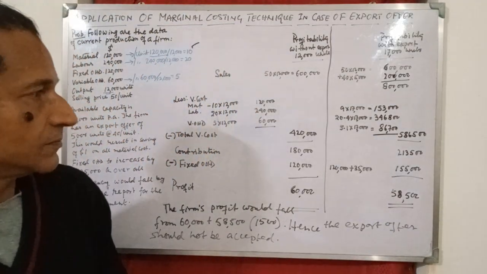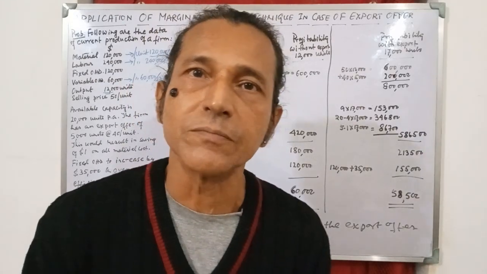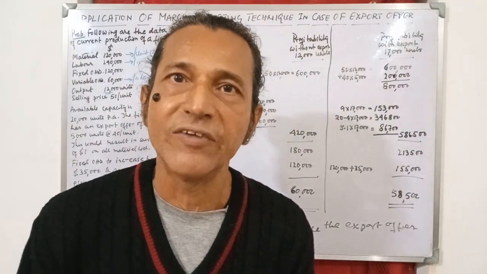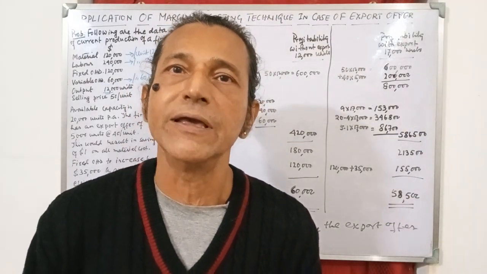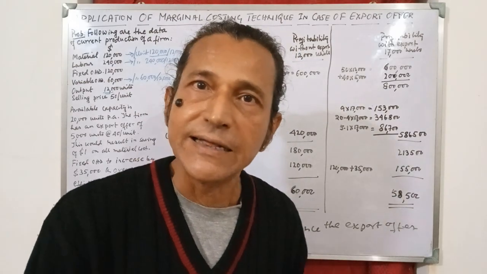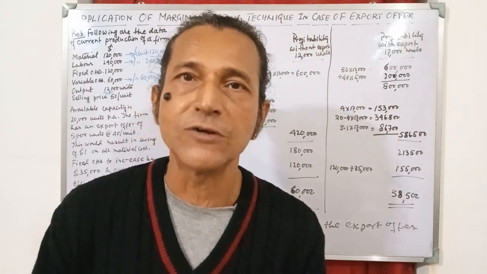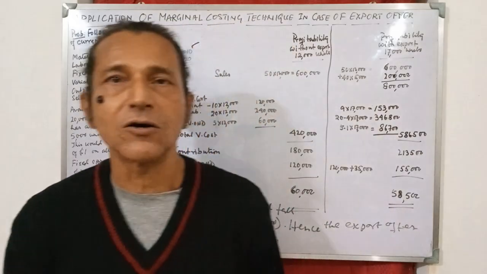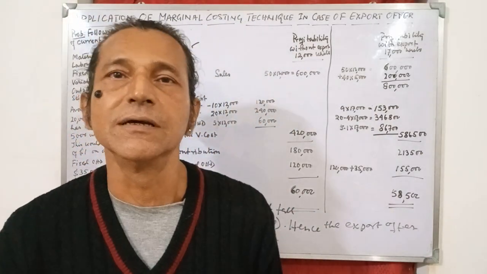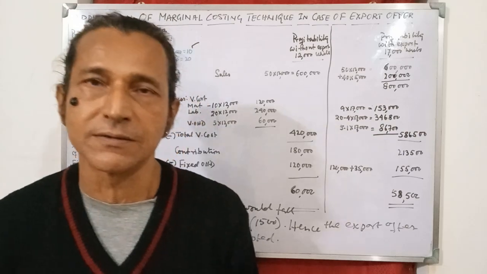The increase in the labor cost and the variable overhead cost would be equal to the decrease in efficiency. That means if efficiency falls by 2%, this means labor cost and variable overhead cost increase by 2%. Correct?